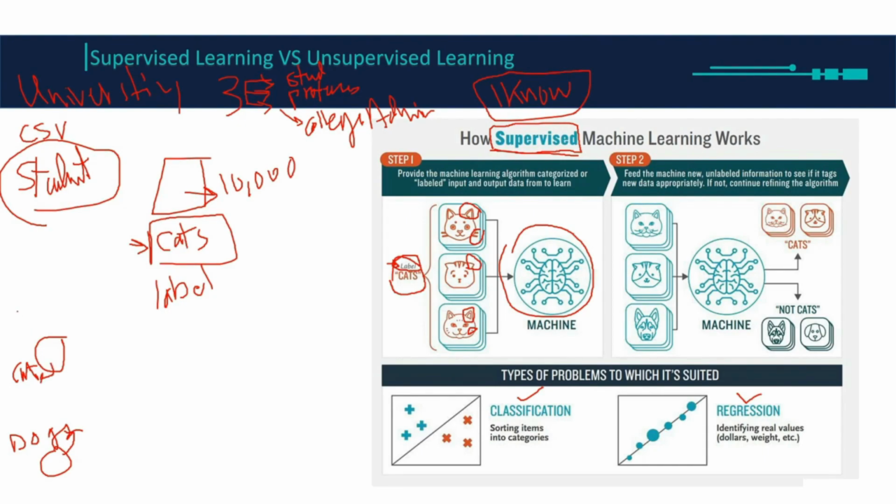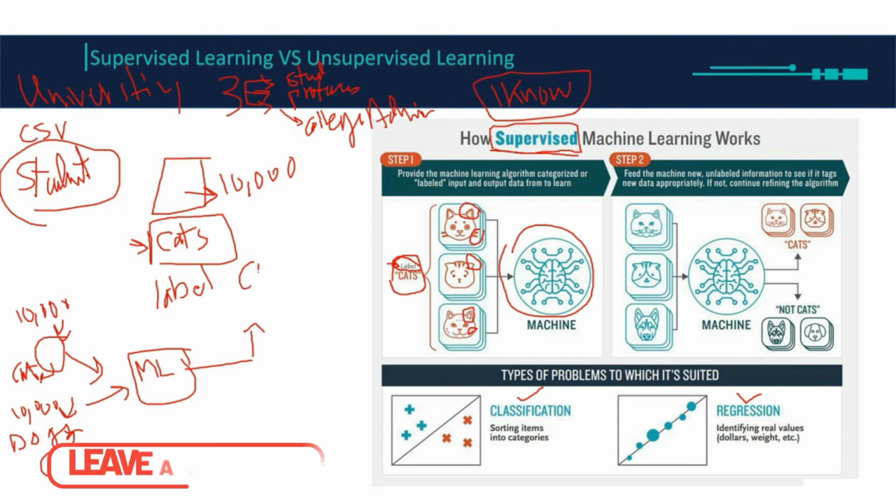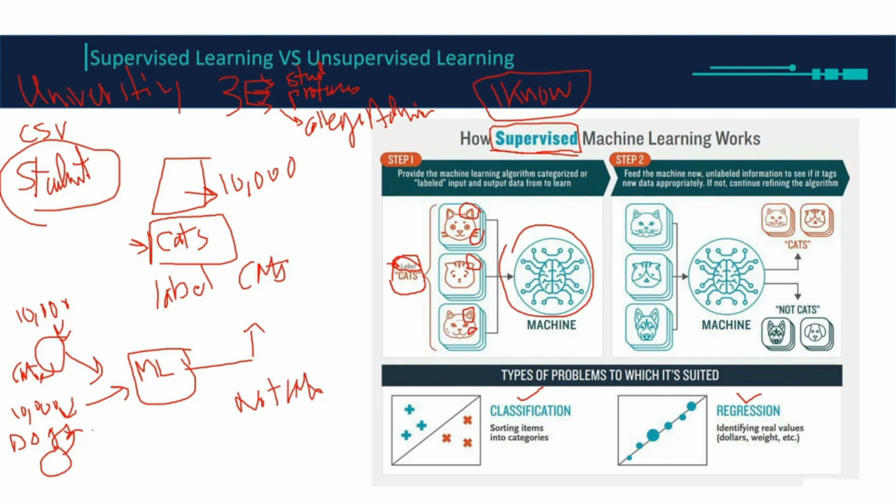So this is supervised learning, and I have 10,000 images of cats and 10,000 images of dogs, and I gave these to a machine learning algorithm, and at the end the machine learning is going to tell me which images are cats and which images are not cats, which means dogs, because the only other images I have are either cats or dogs. So the idea is like this: you have 10,000 images of both categories, and the categories are cats and dogs.